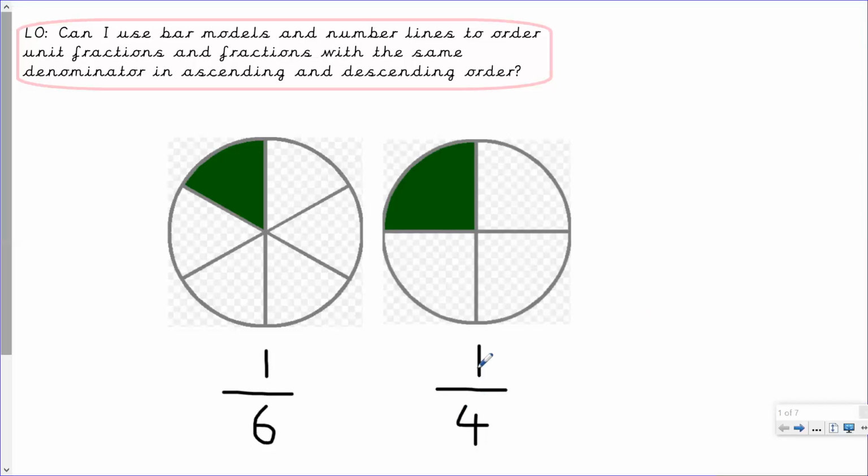The reason why 1/4 is larger is because if we have two fractions with the same numerator, the greater the denominator, the smaller each part. Because if we have a cake, for example, that's been divided into 6 equal parts, and a cake that's been divided into 4 equal parts, the one that's been divided into 4 equal parts has bigger slices.